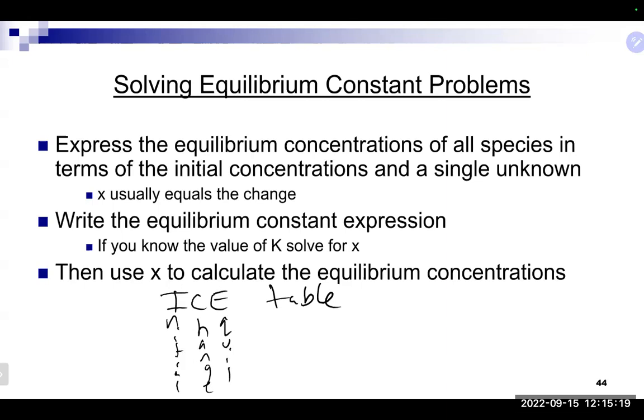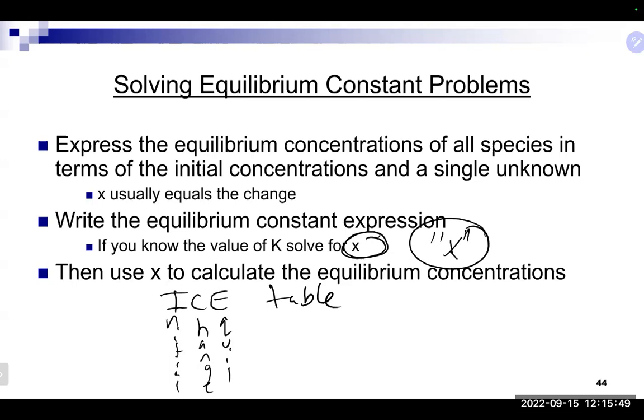We use these ICE tables to help us calculate the equilibrium concentrations or pressures from starting amounts. And it is that change part that we represent with an X. So a lot of times the goal of the ICE table is to figure out what X is, which is really the change. And then that will allow you to calculate the equilibrium concentrations.